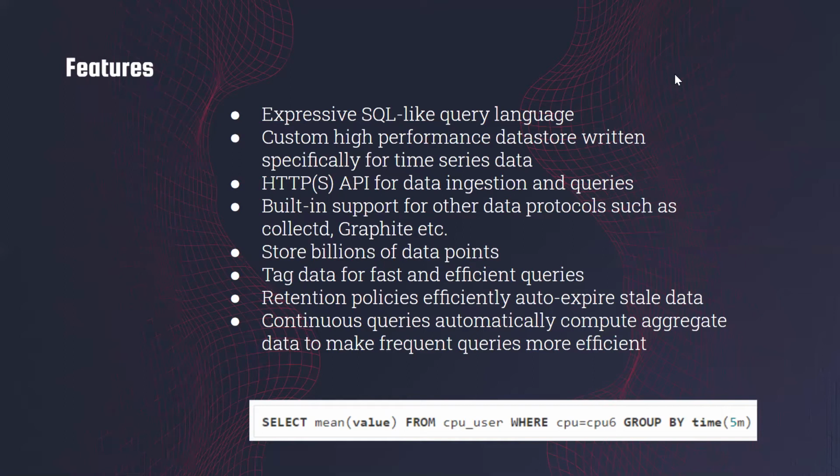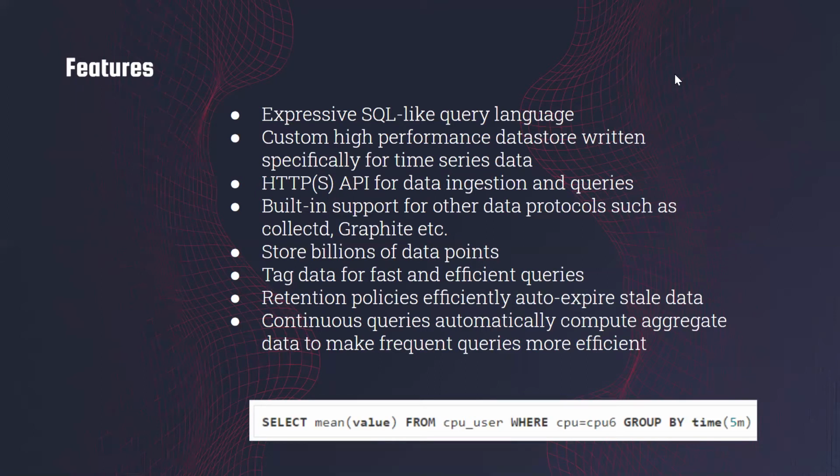It also has tag data for fast and efficient queries. A tag is simply a keyword that is assigned to a piece of information, such as an internet bookmark, digital emails, etc. This kind of metadata helps to describe an item and allows it to be found again by browsing and searching.